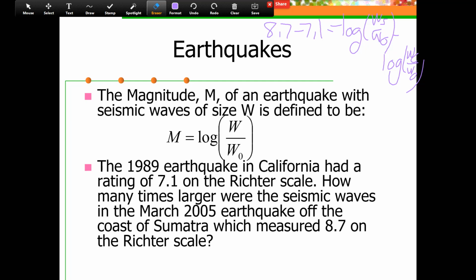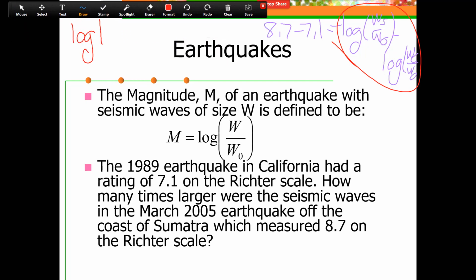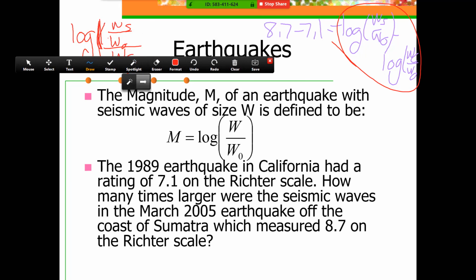So what's going to happen with this expression is we're going to end up with the log of WS over W sub 0, divided by WC divided by W0.